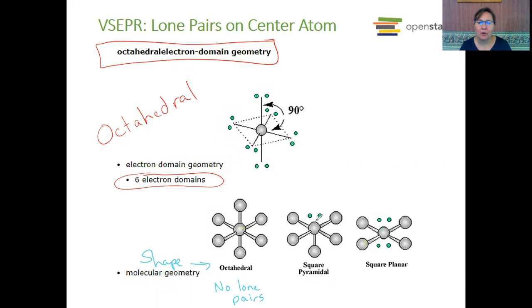Now if you replace one of these, usually you replace it here, and it makes what's called a square pyramid. And I don't have an example of my square pyramid, but you could sort of see how that would work because this one's empty.